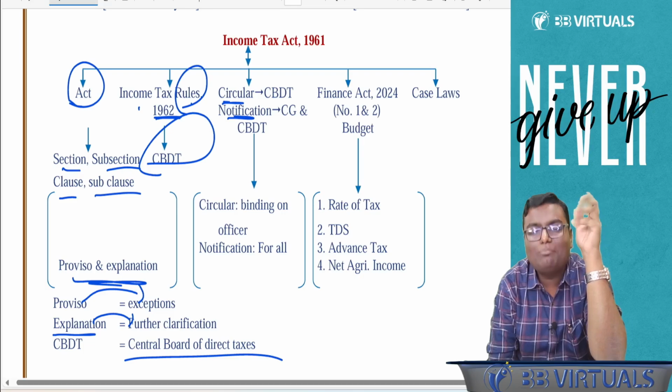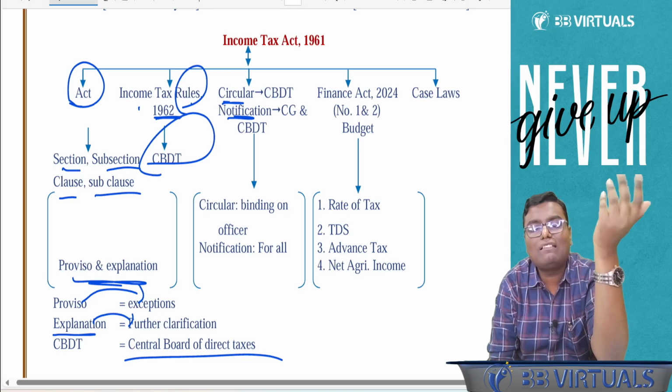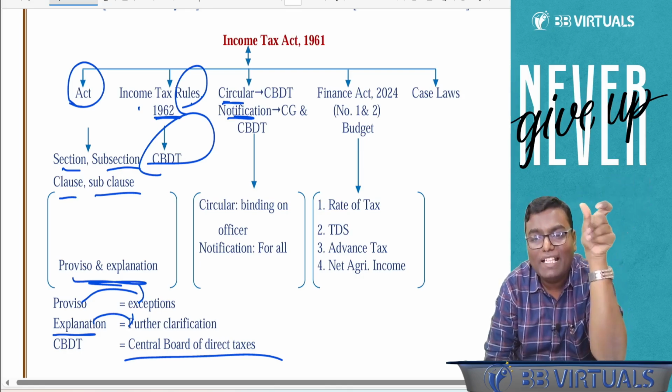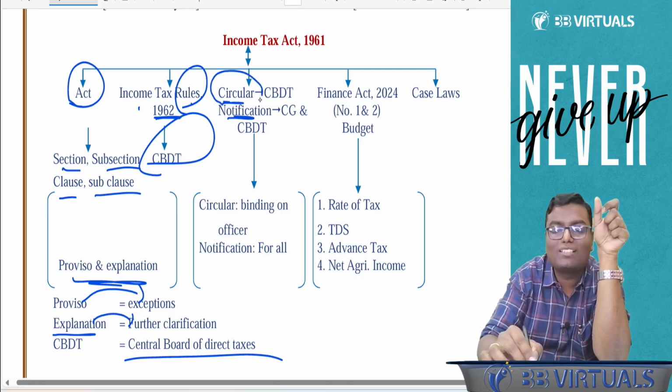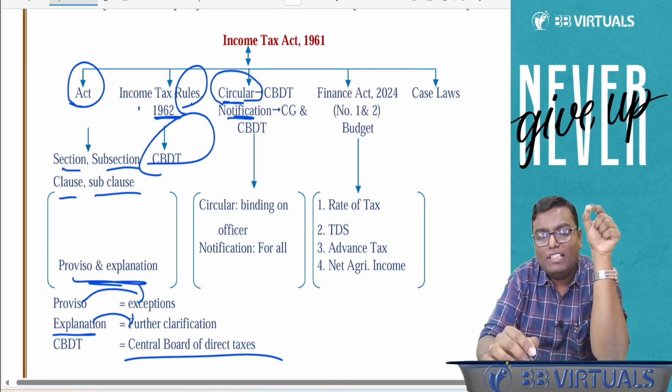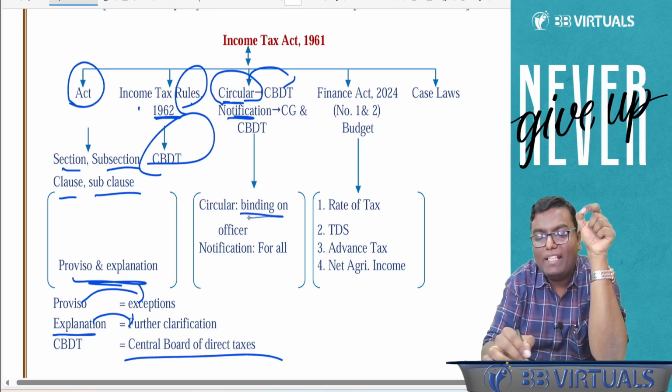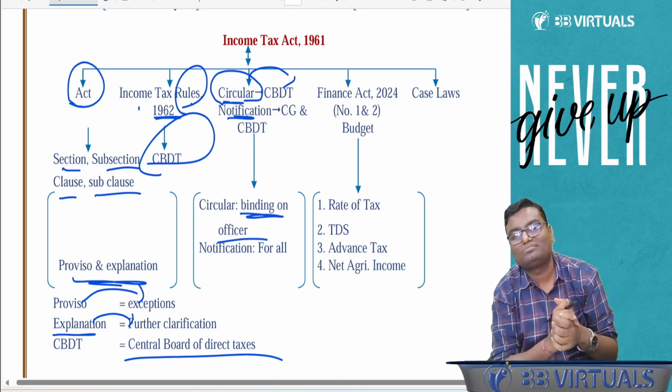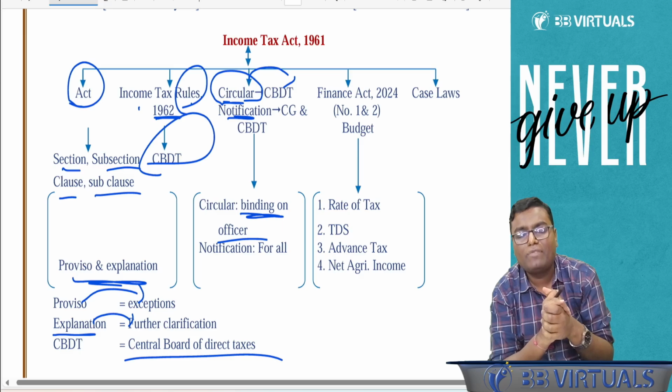They will not send a WhatsApp message, right? They will issue an official instruction. This official instruction, given in a letter, is called a circular. So a circular is basically issued by CBDT. It is binding on whom? Officers. Their income tax officers.